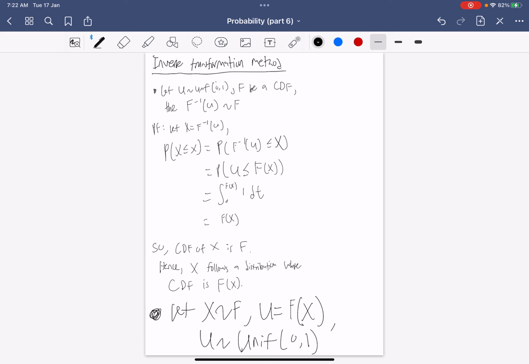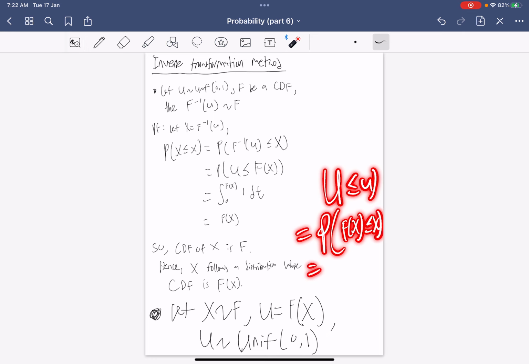To prove this, if you understand the previous proof, the probability of U less than or equal to u equals the probability of F(X) less than or equal to u. This is just saying that the probability of X is less than or equal to F inverse of u.